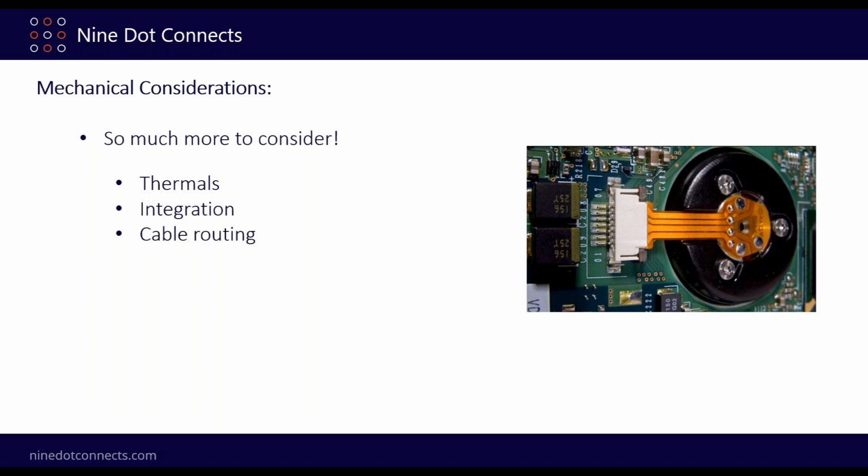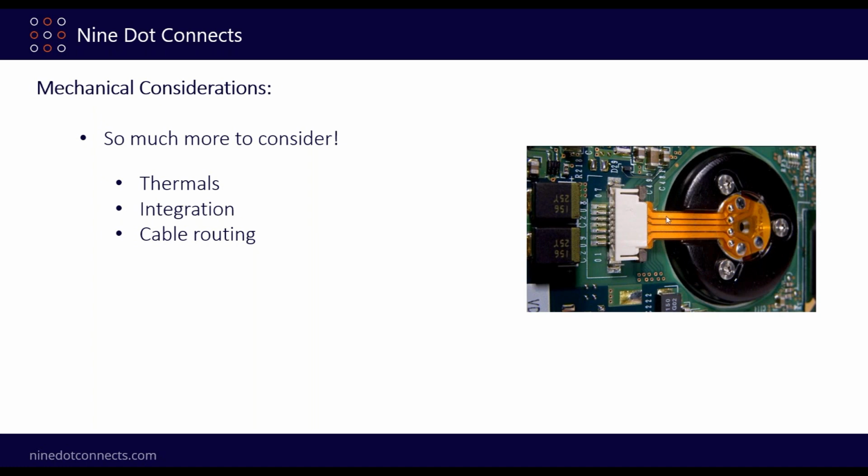Cable routing is super important. You can't just put a connector somewhere and just assume the cable routing is going to be okay. Cable routing, we'll talk about this in the EMC, EMI section, is super important inside of a chassis. You don't want to pick up extra noise on a cable and send it out of your box. And of course, something like this, if you've turned that around, you're in big trouble, right?